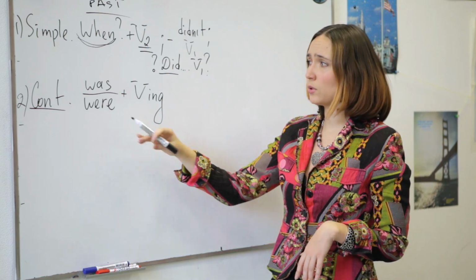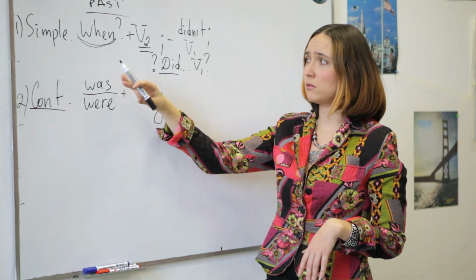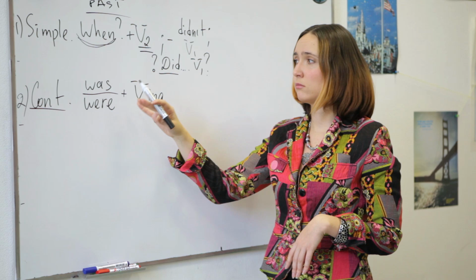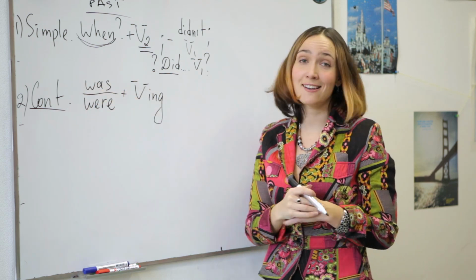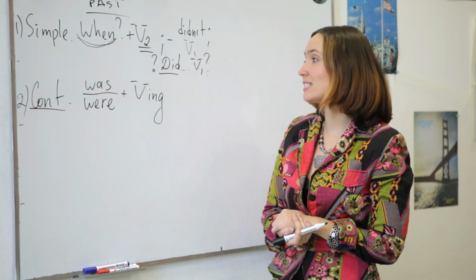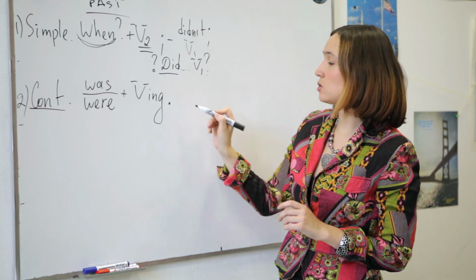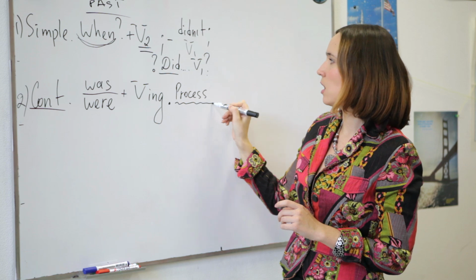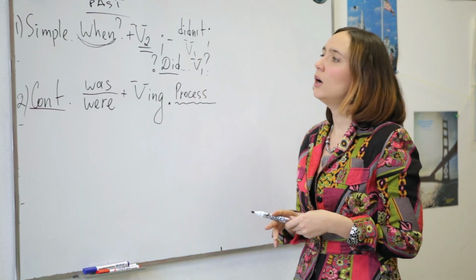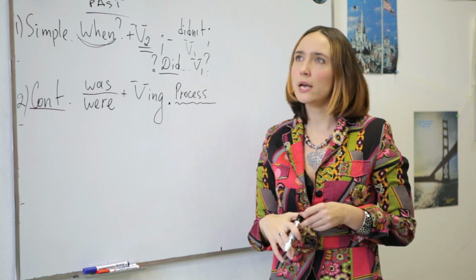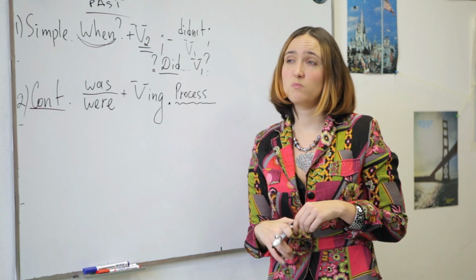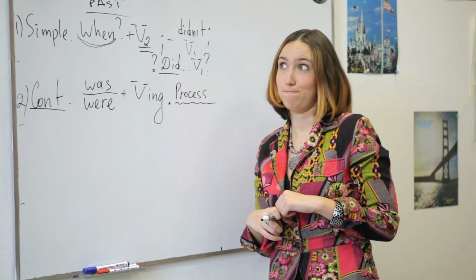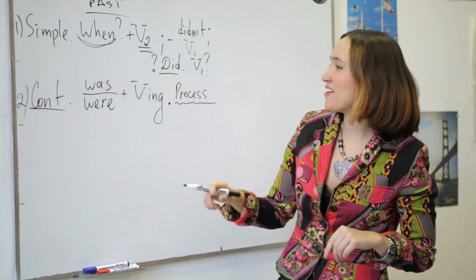With the negative, with the questions, everything very easy. You add not here, for the question, just these guys go to the front. And yeah, it's always a process, something long. Don't know, all morning yesterday I was being lazy in my bed. Alrighty.